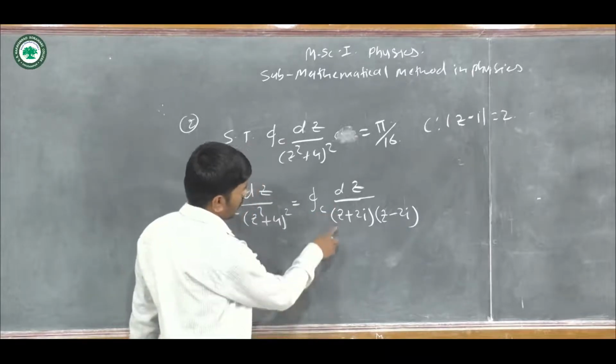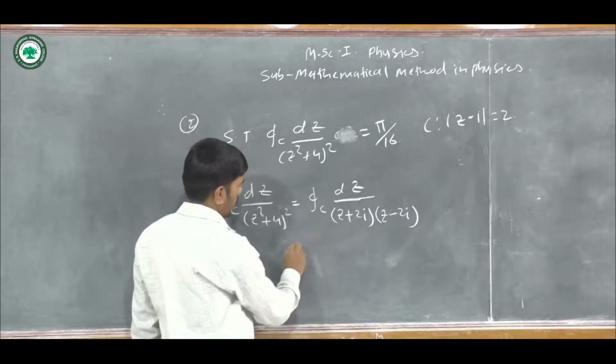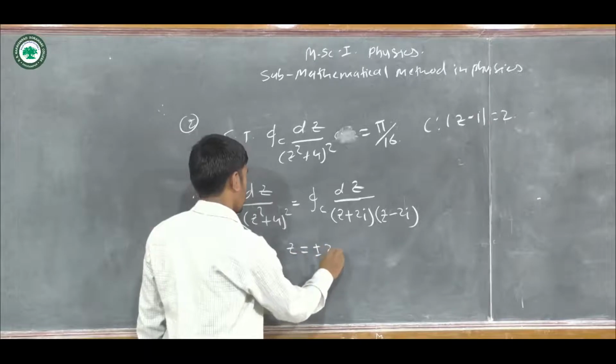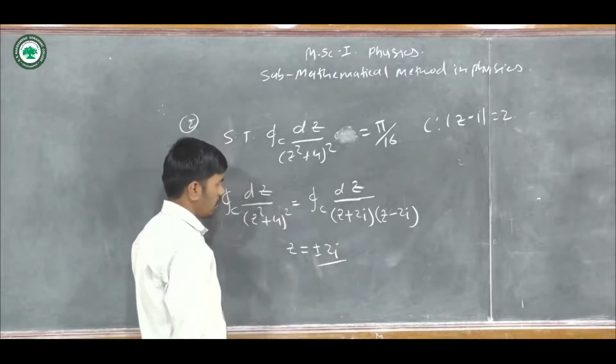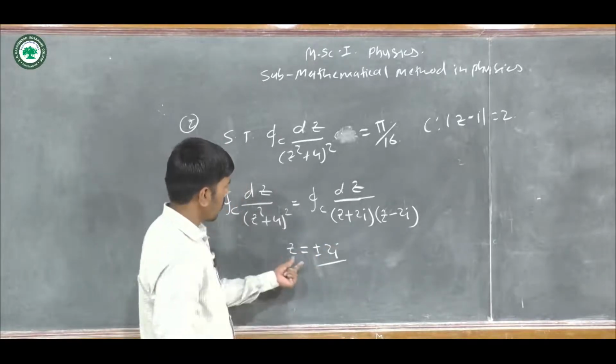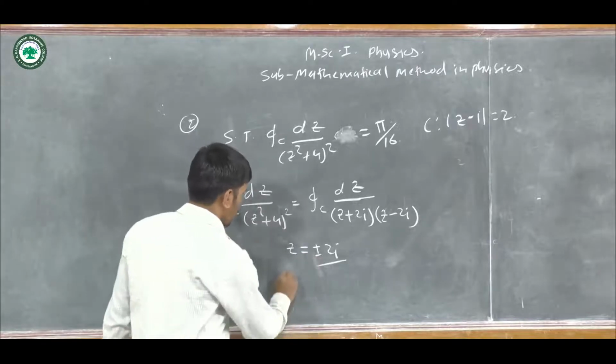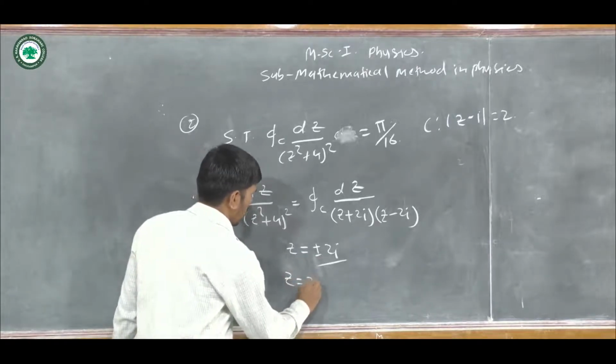Now if we try to find the singular points, z is equal to plus or minus 2i. Let me take z is equal to 2i.